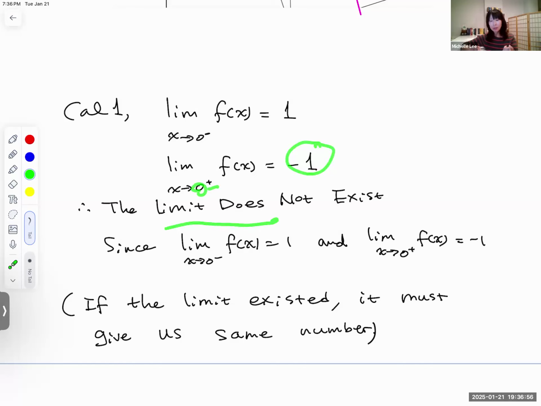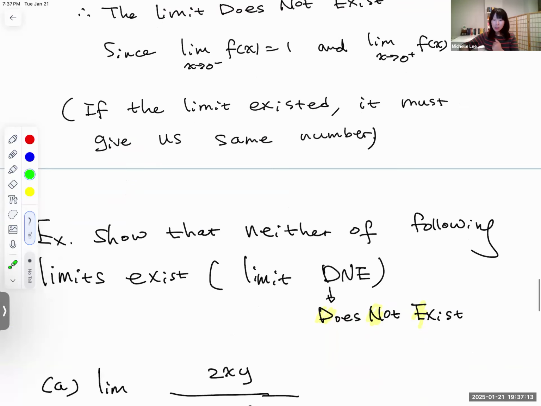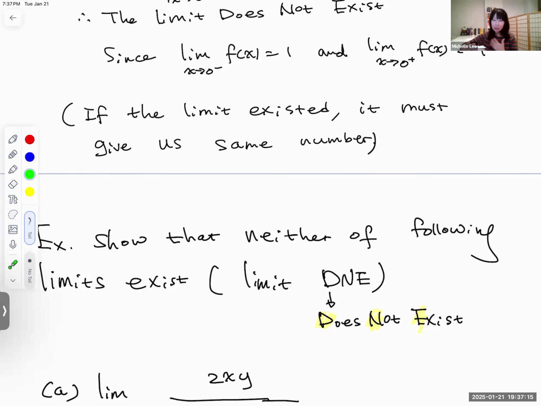Then we say the limit does not exist, DNE, right? If the limit exists, it must be the same number. Now here it is the same in calculus 3. Show that the following limit does not exist.